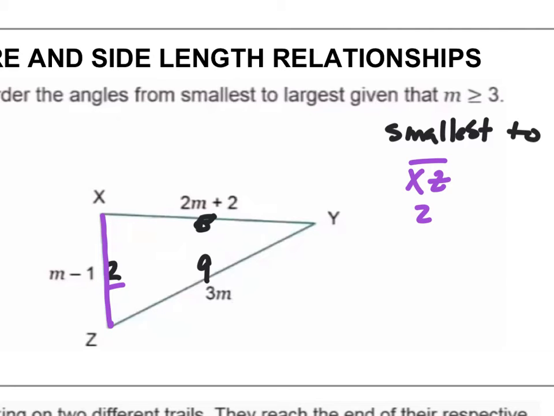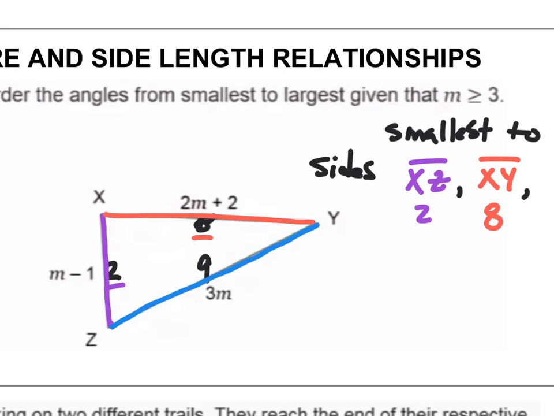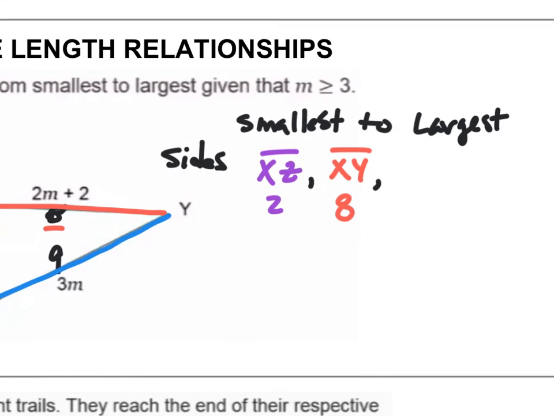And we're going to do this for the side lengths. And then my second largest was XY with 8. So that's XY, and that's a length of 8. And then we have the largest with YZ, and that had a length of 9.